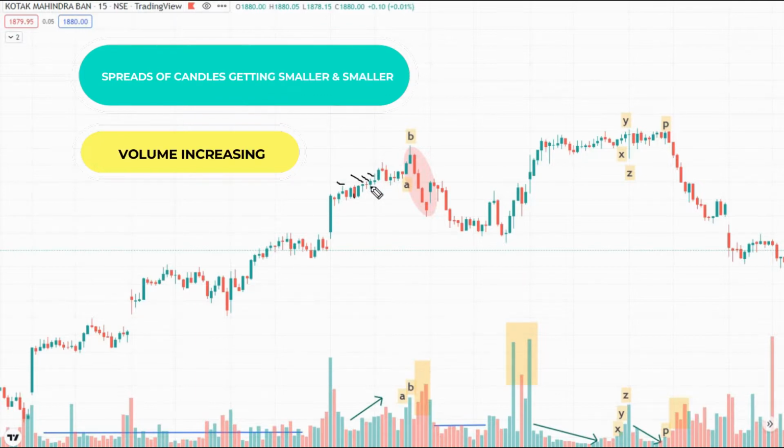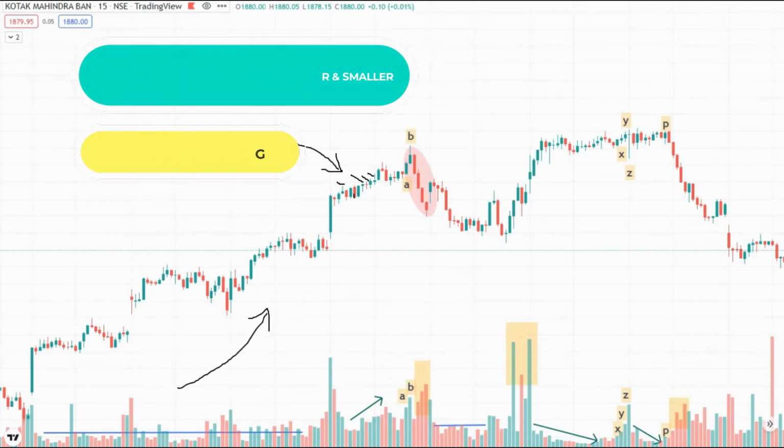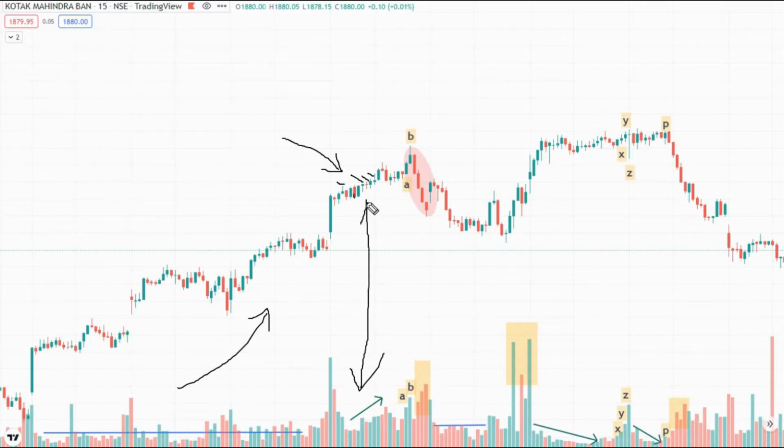So this is an indication that supply is coming into the markets. Why? Because we were in a very strong uptrend, and then there is a divergence between the price and the volume. There is a clear divergence that is happening.